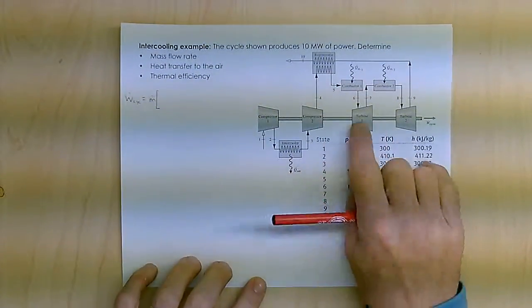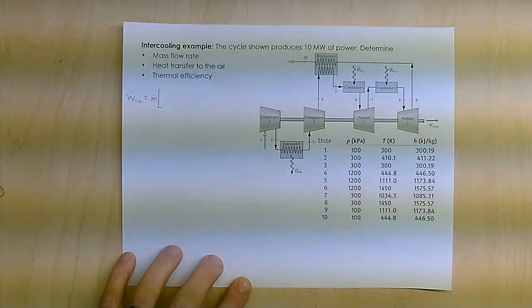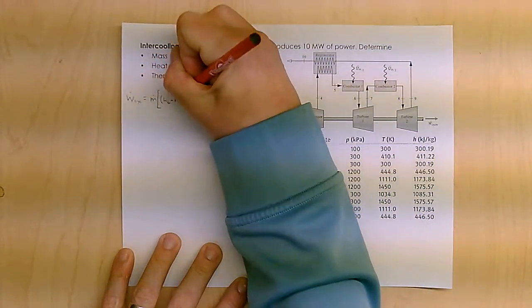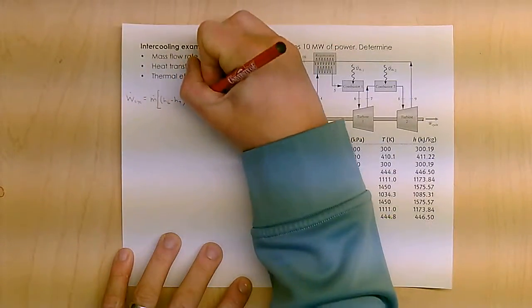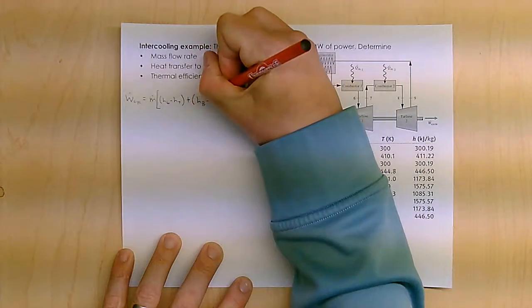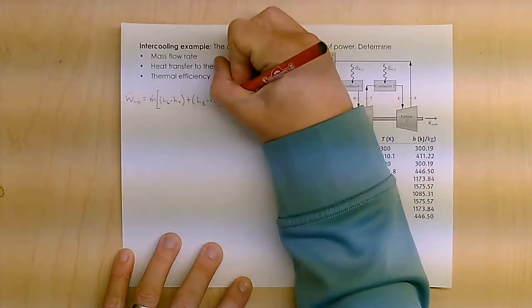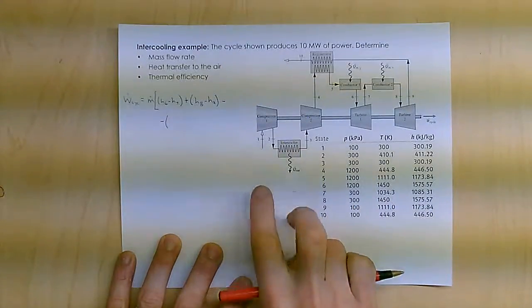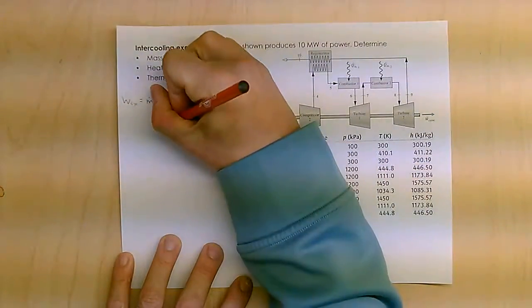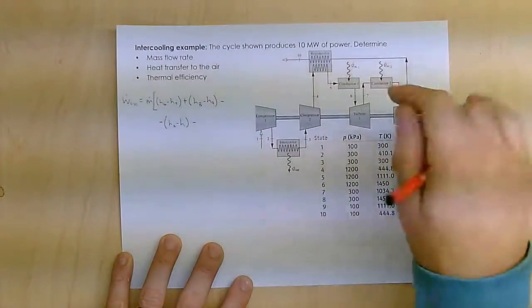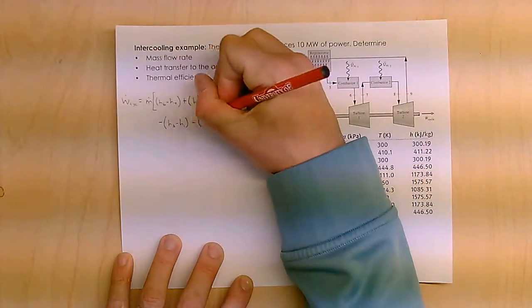I've got two turbines, two compressors. So it's going to be H6 minus H7 plus H8 minus H9, minus my compressors, which are going to be H2 minus H1 and H4 minus H3.